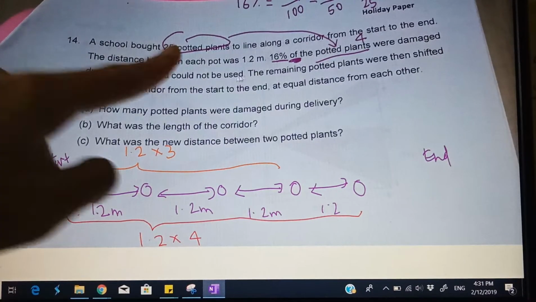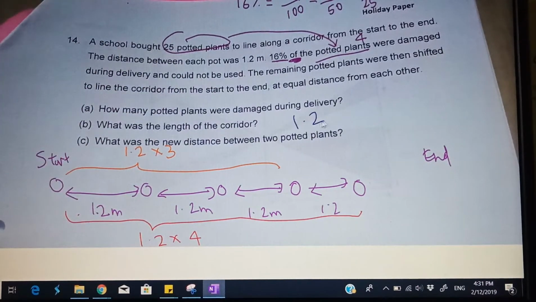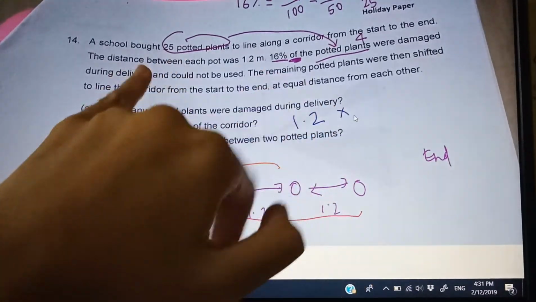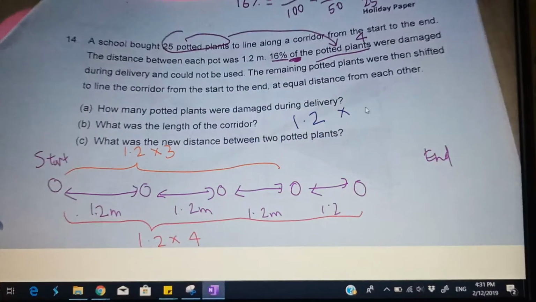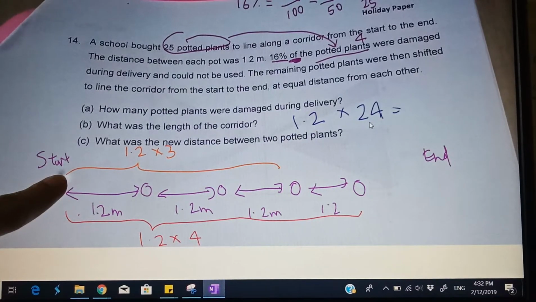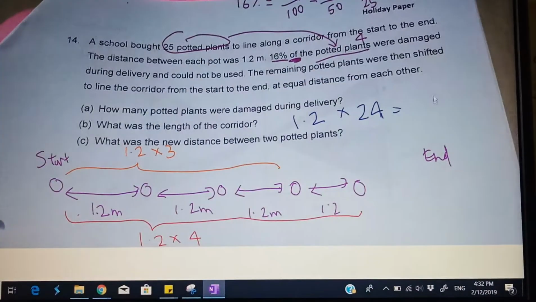So when there's 25 potted plants, you take 1.2 times a number which is 25 minus 1. 25 minus 1 is 24, right? So this is the distance from the first potted plant all the way to the 25th potted plant. You get your answer over here.